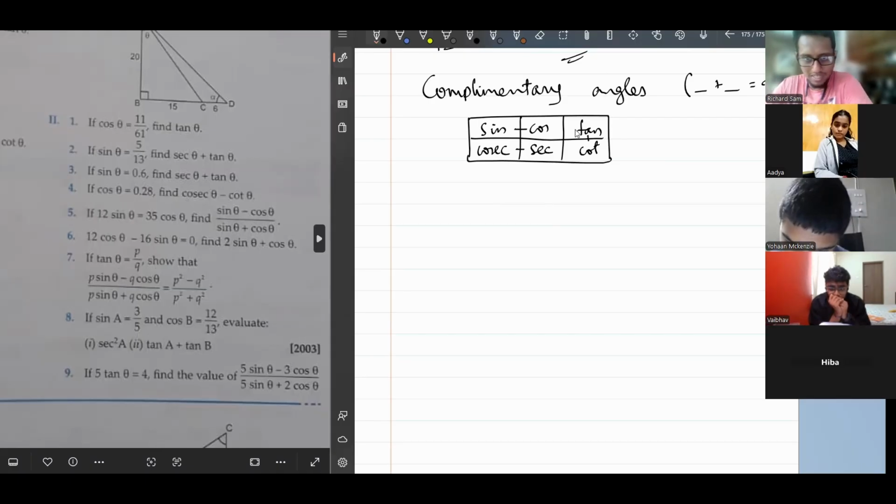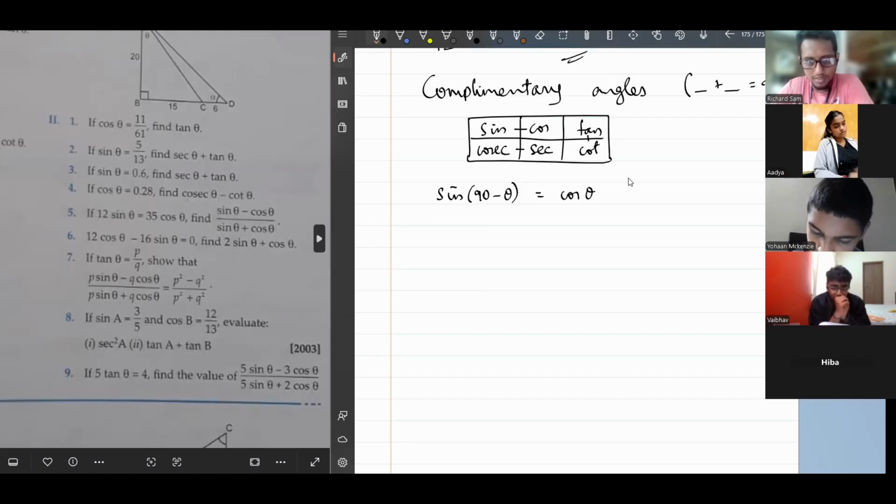You see how I put these dashes here, just to show which of these are complementary. Now, what does it mean? It means sine of 90 minus theta is equal to cos theta.